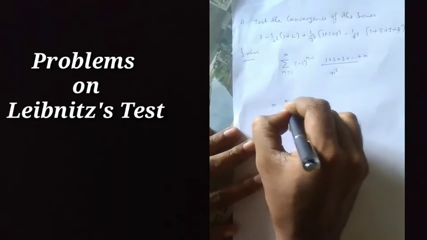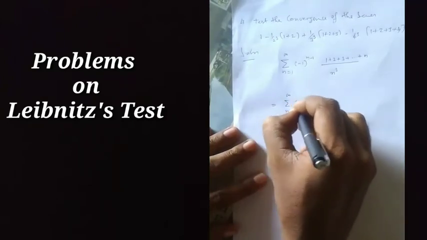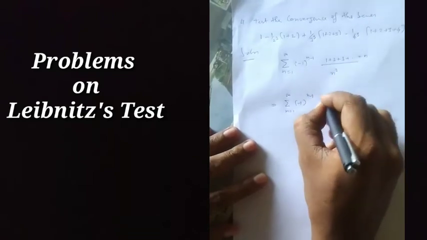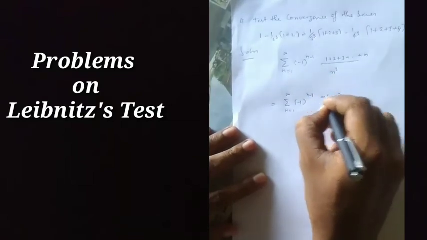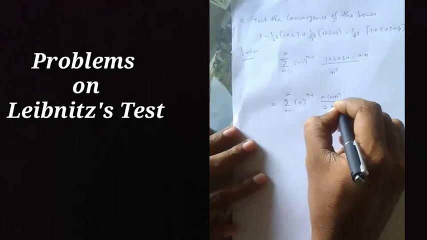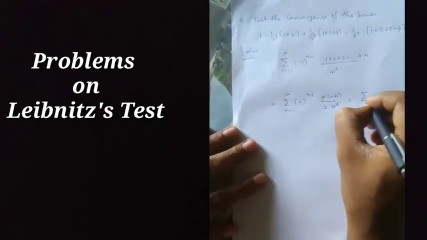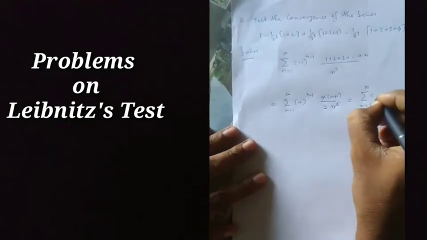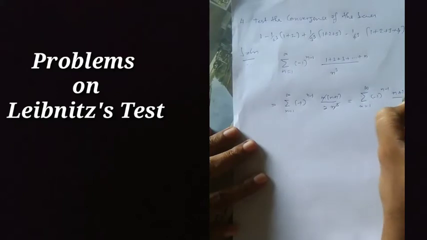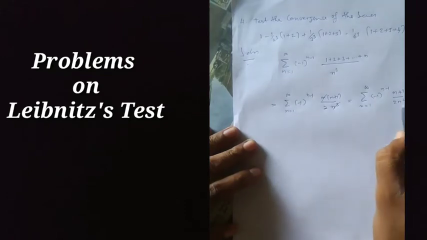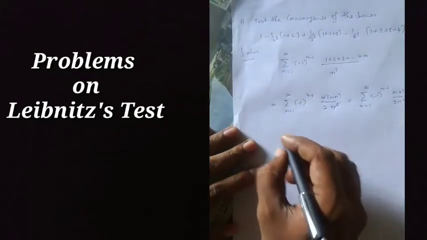Therefore this will be the summation n from 1 to infinity of minus 1 to the power of n minus 1 times n into n plus 1 divided by 2 and n cube. By cancelling, your series will be the summation n from 1 to infinity of minus 1 to the power of n minus 1 times n plus 1 divided by 2n square, and therefore it is an alternating series.